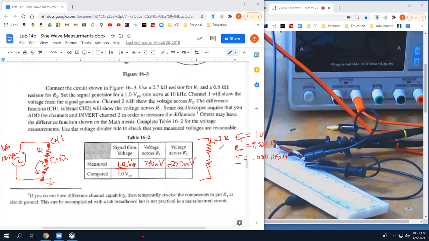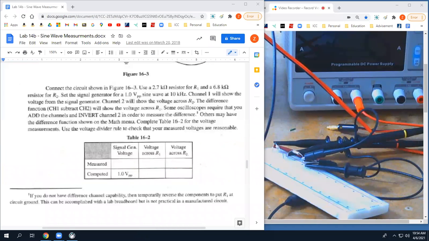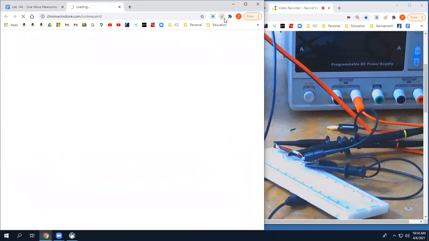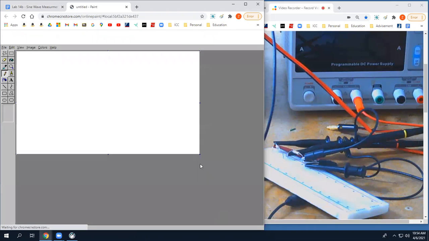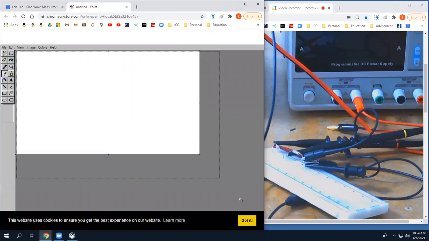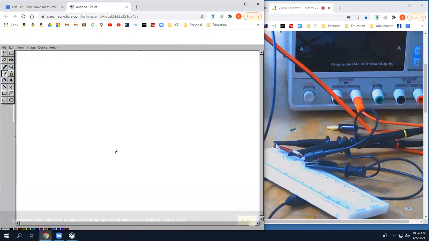too small to be doing this on this screen. Would be helpful if I did it on a bigger piece of paper. Okay, here we go. Here's our circuit.